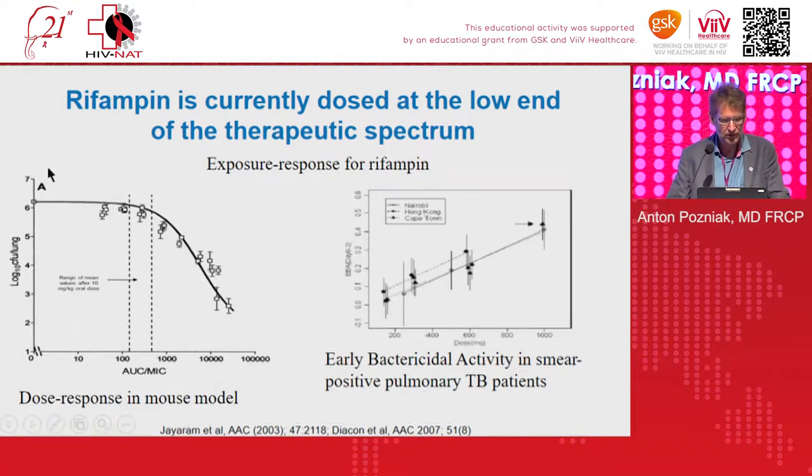Now, this is a dose-response curve in the mouse model, and we give in this range, okay? But actually, it's just where the killing of the bugs is just starting. And actually, why aren't we giving it right down here? And actually, when you look at this, the bactericidal activity when you give more is much higher.